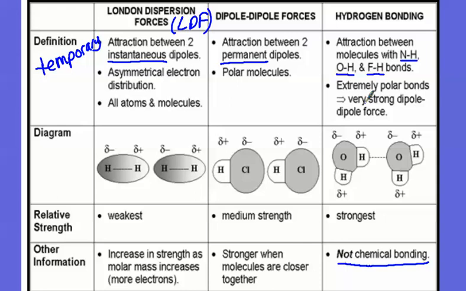Water is an example of something that has hydrogen bonding. The hydrogen of one water molecule is going to be attracted to the oxygen of another. Even though this is the strongest intermolecular force, it's still not that strong. We're going to compare this to chemical bonds in just a moment.